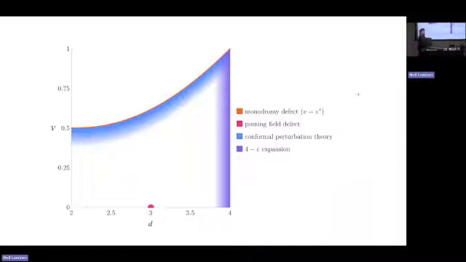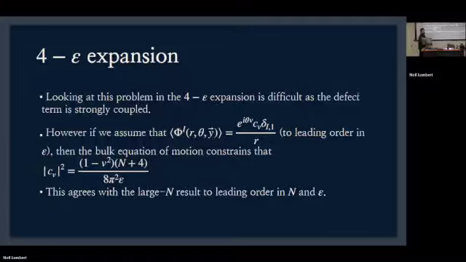So finally, we look at this in 4 minus epsilon as we approach here, and the bulk coupling becomes small. It's a bit hard to study this because the defect coupling is still large, so there are limits to what we can do. But one easy thing we can do is we can just look at the profile of phi I, and we can say we know its classical scaling dimension, we know its monodromy has to be this, and so let's try to constrain the coefficient here by the bulk equation of motion.